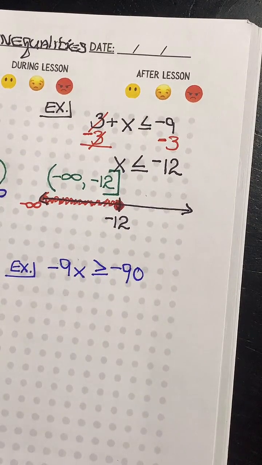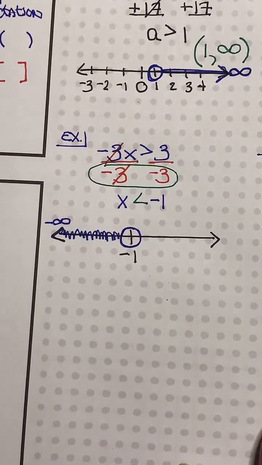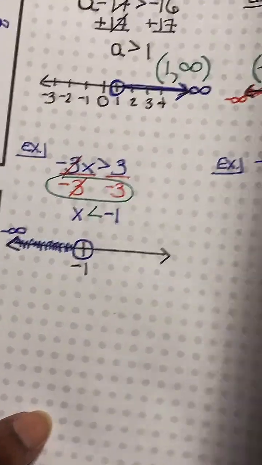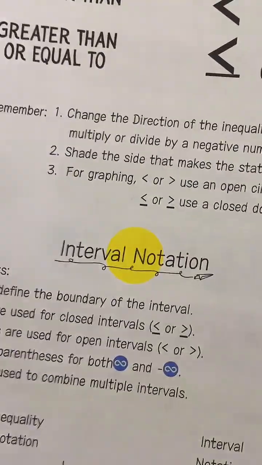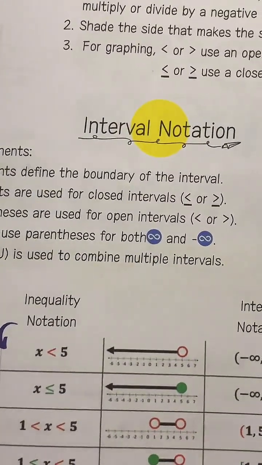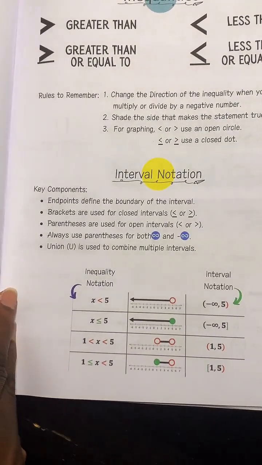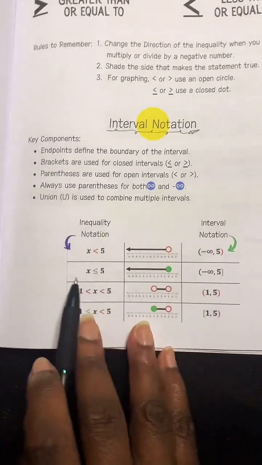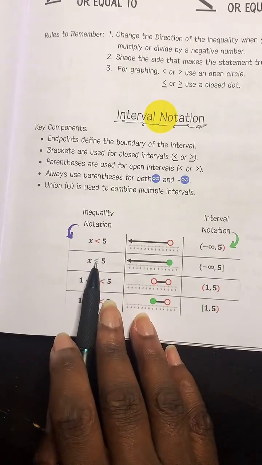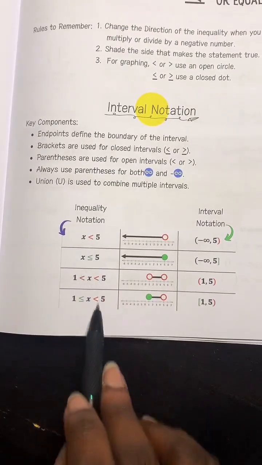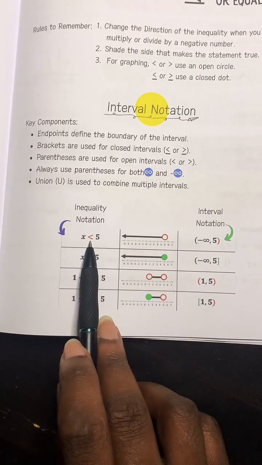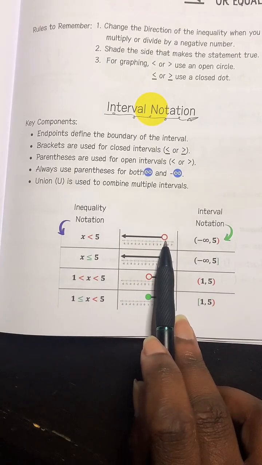So I think I got this. Is this piecewise? No. This is inequalities, with a little twist of the interval notation. In my handy-dandy notebook, somewhere around here, you've got this little reminder with the interval notation. If we look at the inequality notation, if it's just less than, when you graph it, it's an open circle.